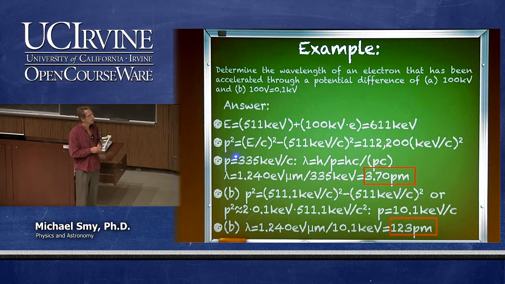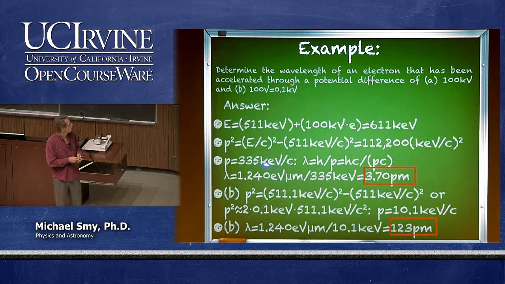And we can calculate the momentum using the Einstein relation. So this is the momentum squared, which gives us 112,000 keV squared per c squared, or 335 keV per c as the momentum of those electrons. And now we can look at the corresponding wavelength, simply h over p, or hc over pc.